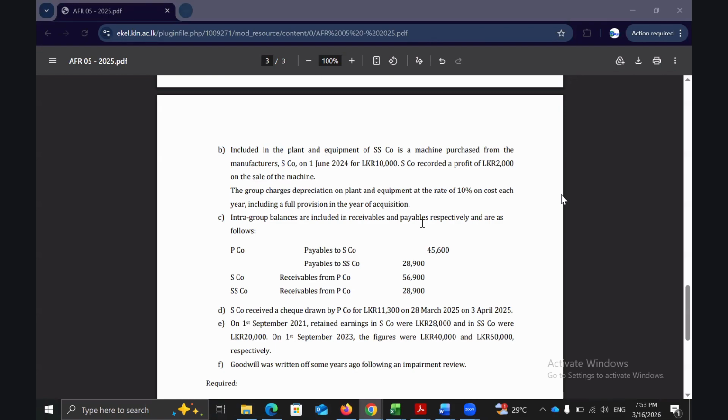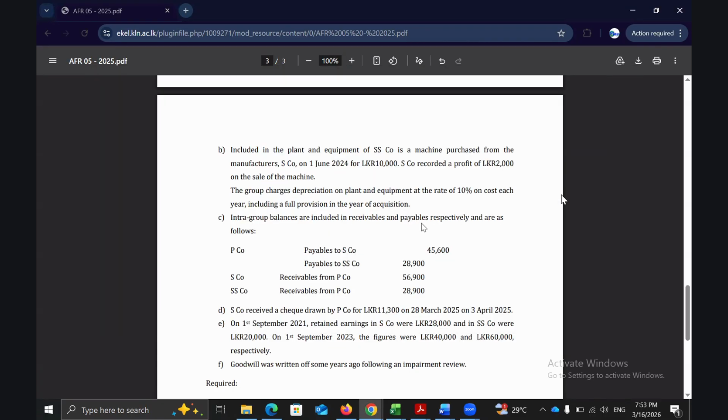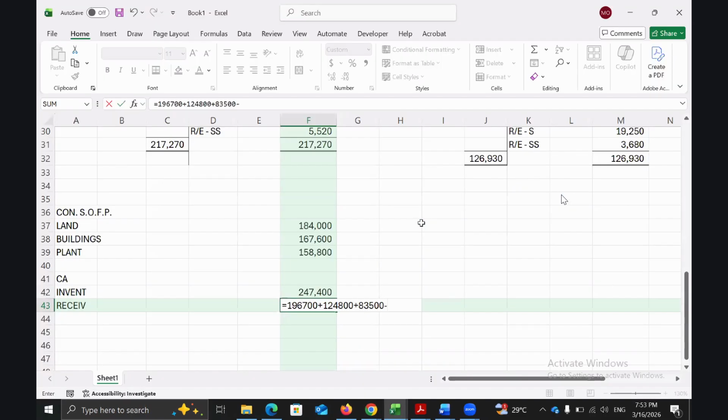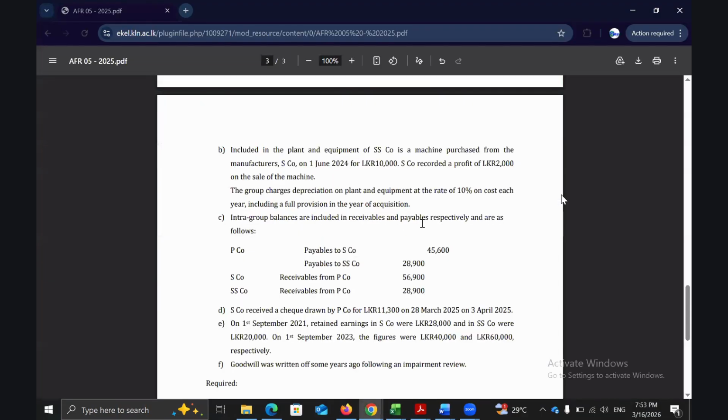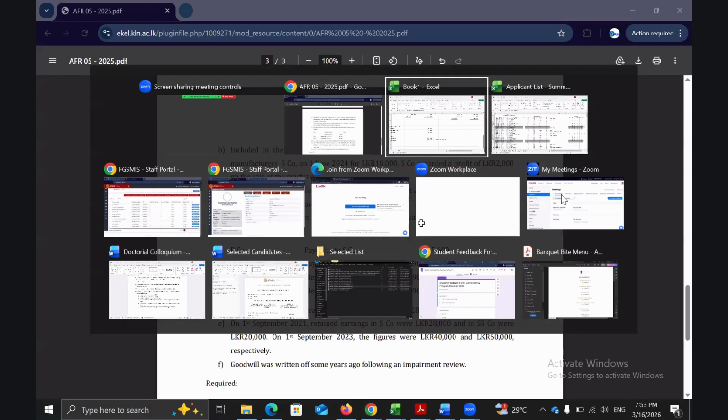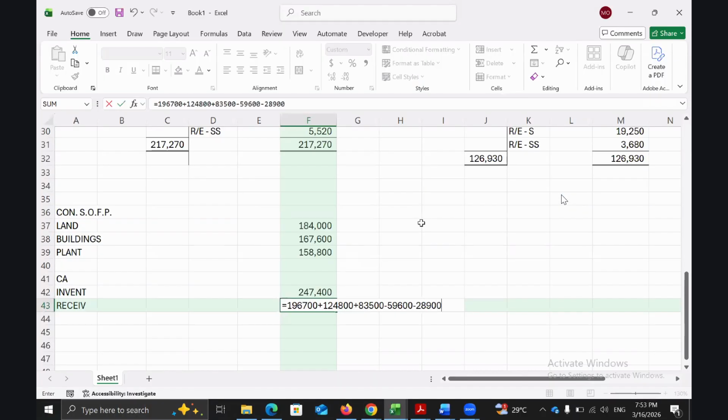P balances දෙක එළියට ගන්නවා. හරි. Then from this we take out 59,600 and 28,900. Okay.